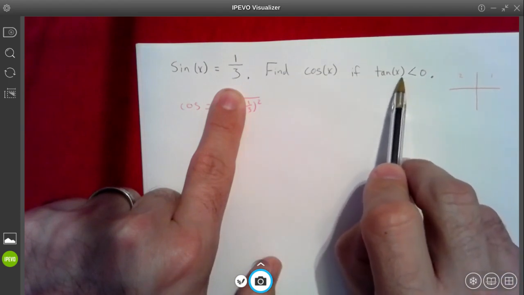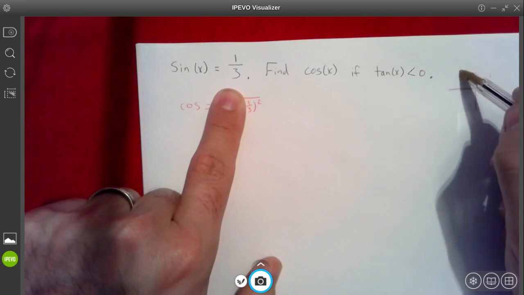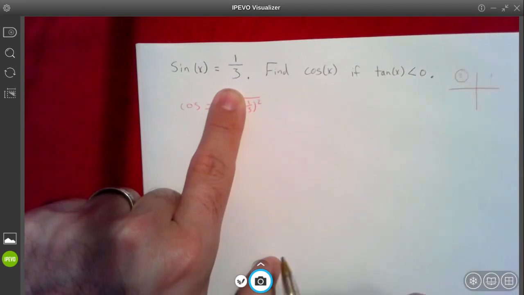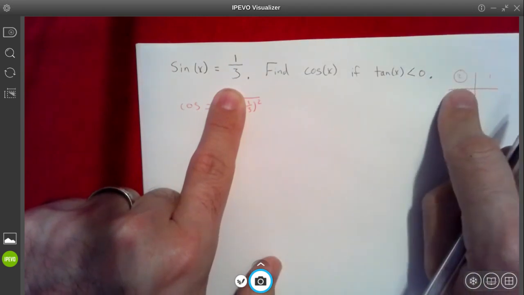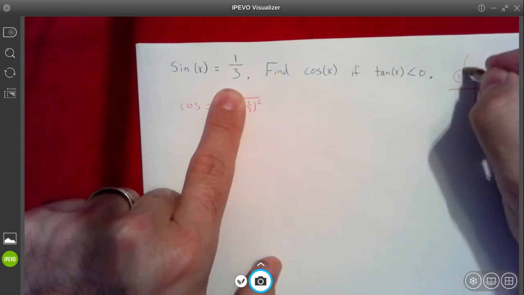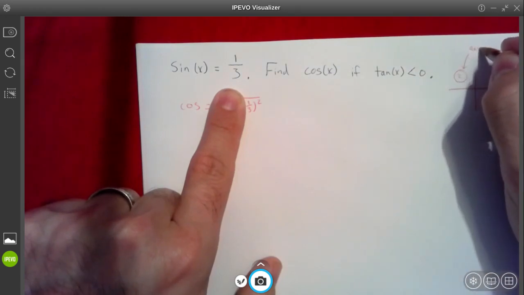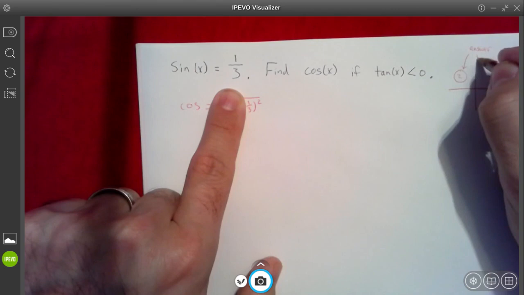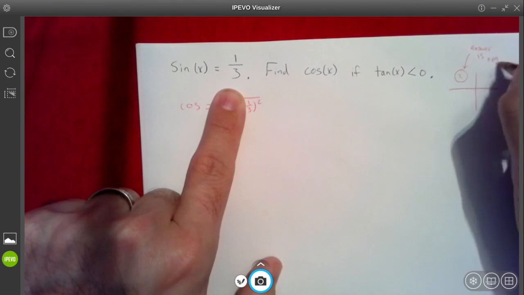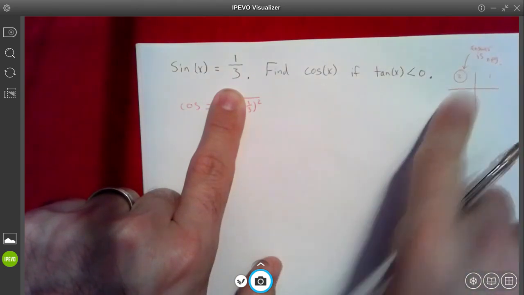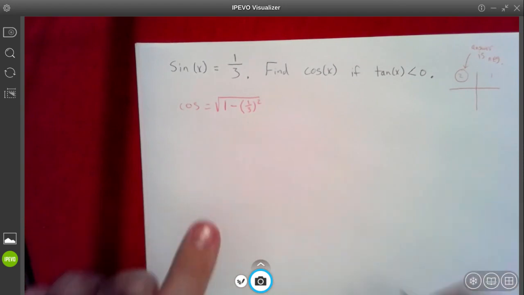Because tangent is negative, I know that I'm in quadrant 2. So in the end, this means that my final answer will be negative because cosine is negative in that second quadrant. Sorry, let's keep going.